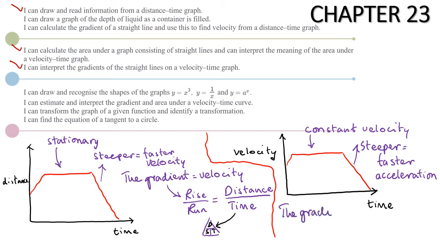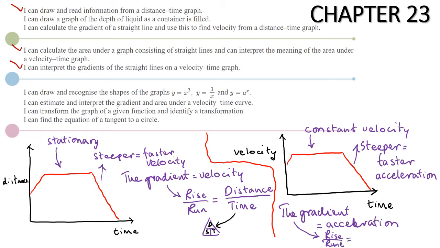So the gradient equals acceleration, or deceleration if the gradient is going down. So there are some similarities, there are some differences. Just like before, if you want to find a gradient, we would do the rise over the run.